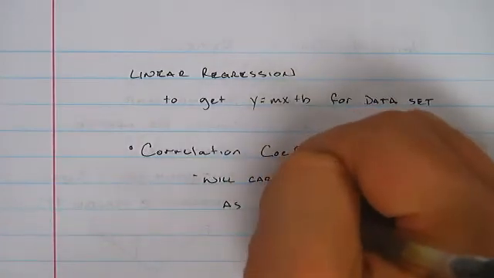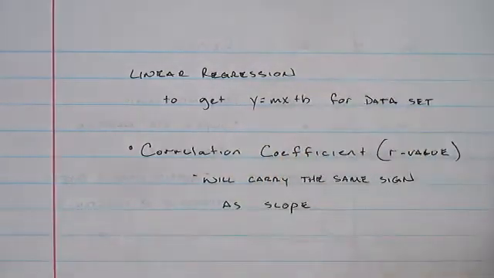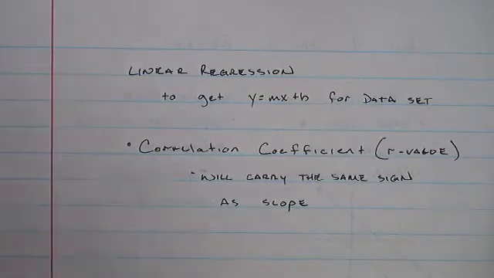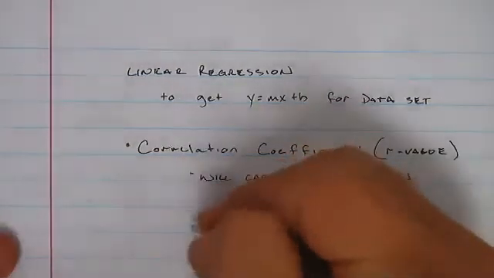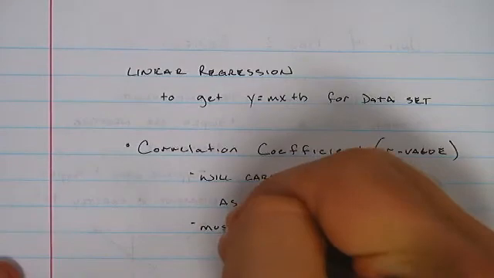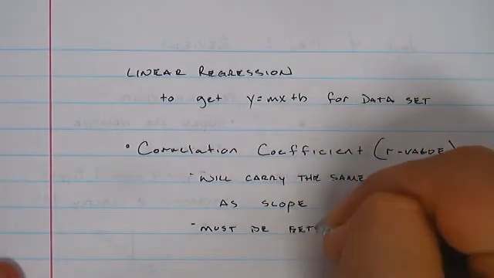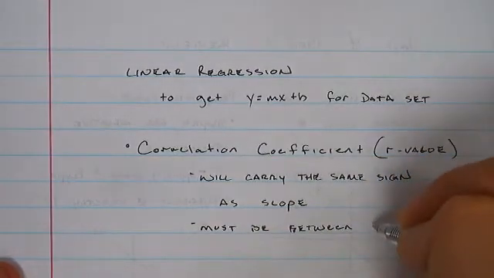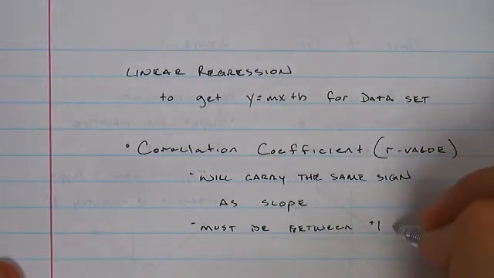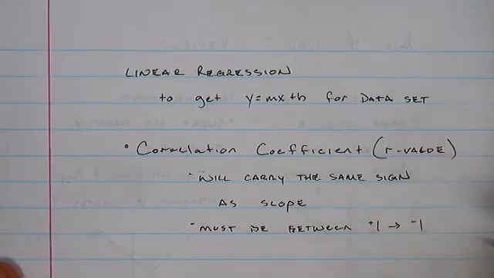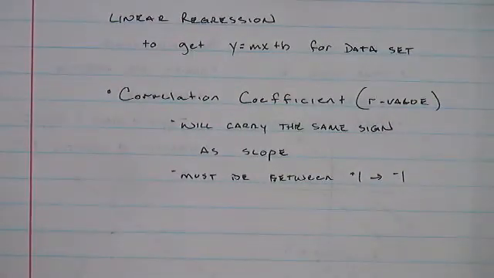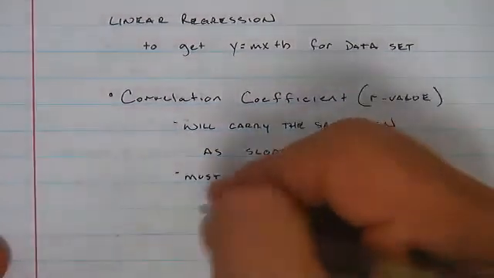So if the slope of your linear regression is negative, you can expect your R value to be negative as well. But they're not the same. Slope is not the R value. It must be between +1 and -1.